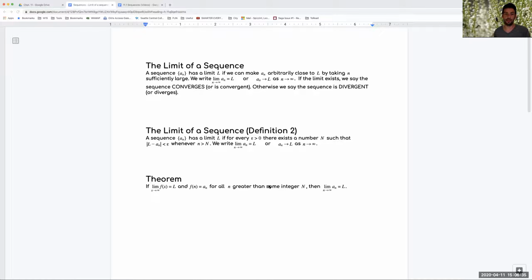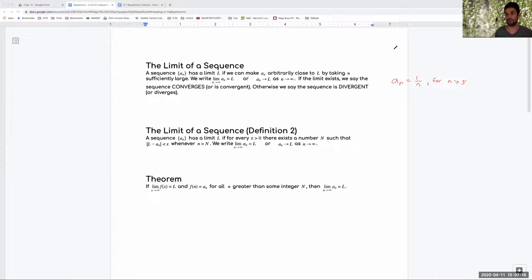I'll give a quick example about what happens when they don't match in the beginning. Suppose I had the sequence a sub n is equal to 1 over n for n greater than or equal to 5.